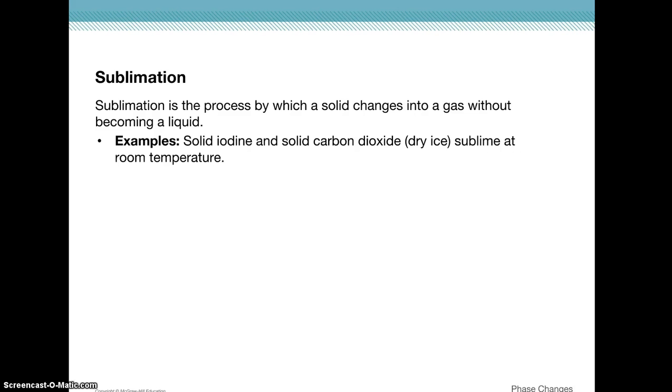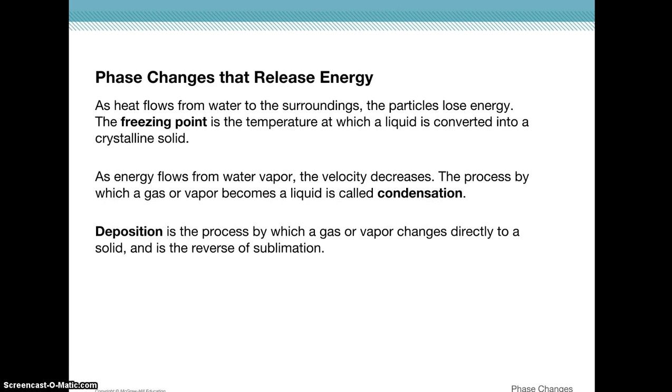Sublimation is another process that requires energy to turn a solid into a gas directly. And then the opposites of all of those would be phase changes that release energy. For example, as heat flows from water into whatever the surroundings are, like the air, the particles are going to lose energy.